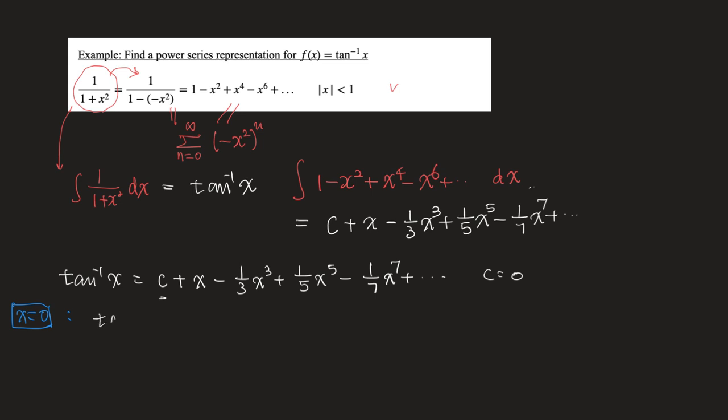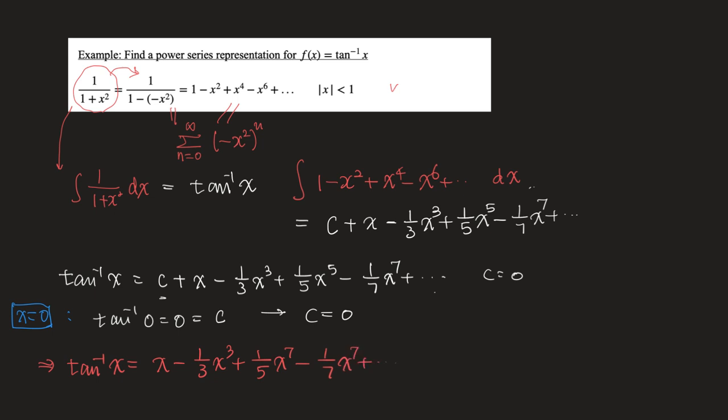Here arctangent 0 is 0, and all the right side values are 0 except c. So now you find the power series for arctangent: x minus 1 over 3 x cubed plus 1 over 5 x to the fifth minus 1 over 7 x to the seventh.